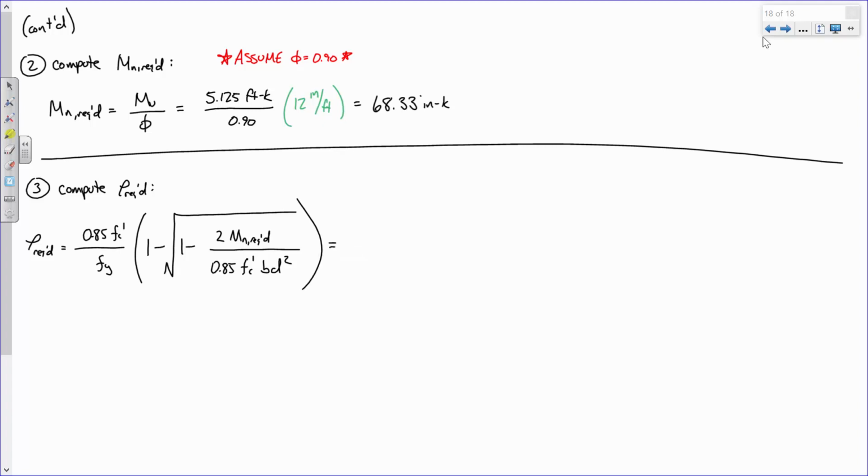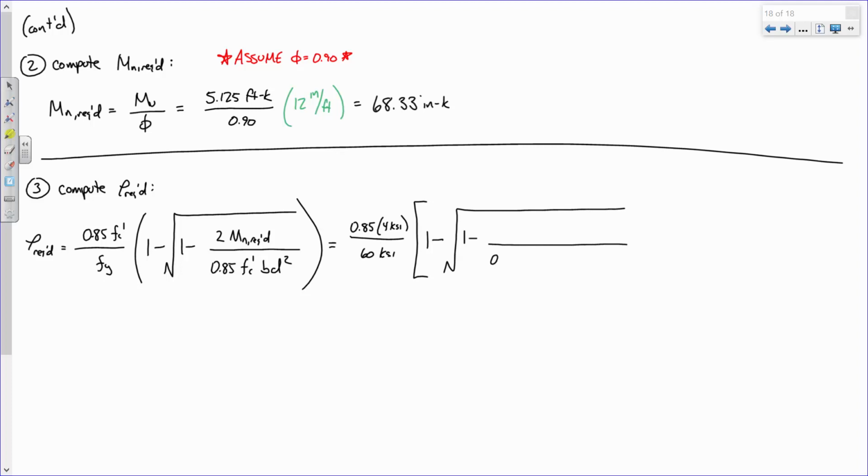So we were using regular material properties for this problem, 4 KSI concrete, 60 KSI steel. So 0.85, 4 KSI over 60 KSI. Remember, kips and inches, so that's why we converted the MN to inch kips.